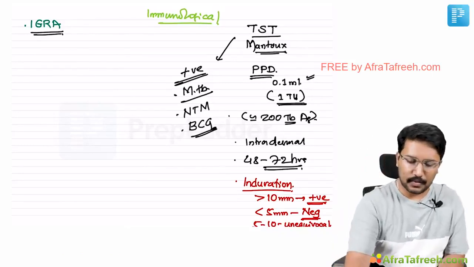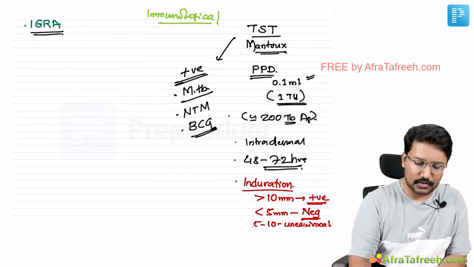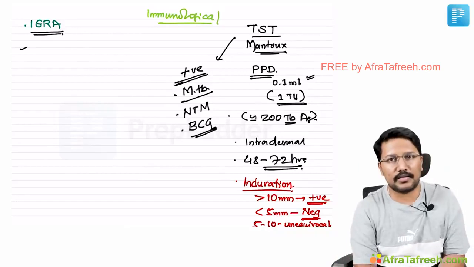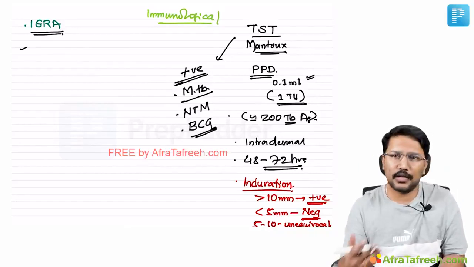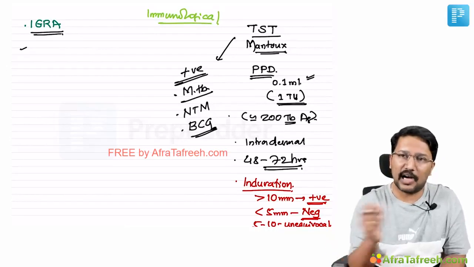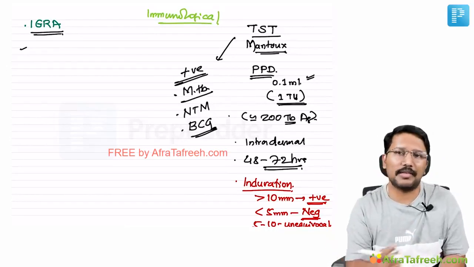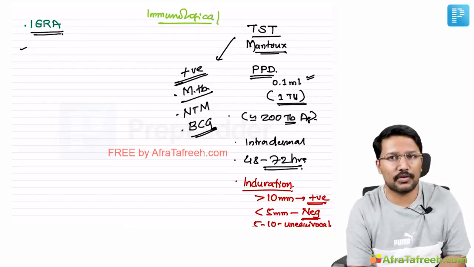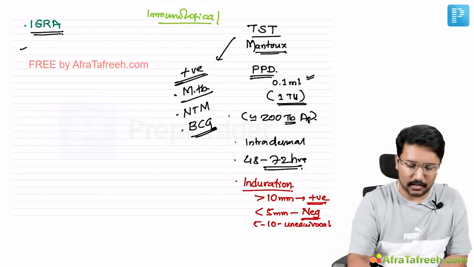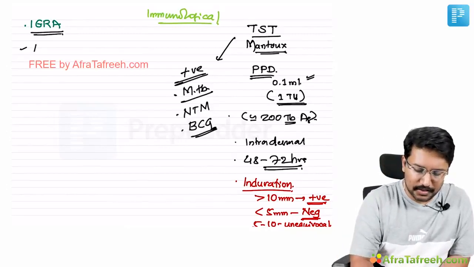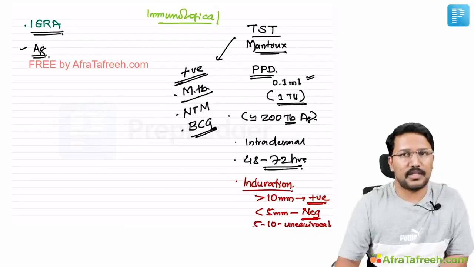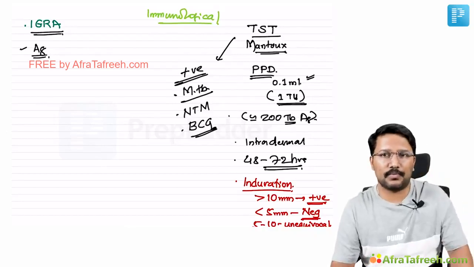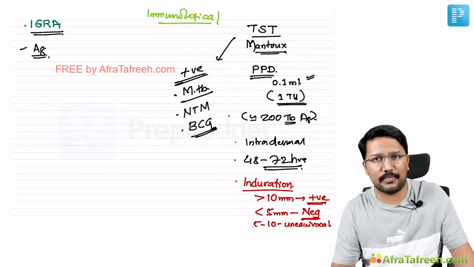Okay. Now talking about the other immunological test, that is our interferon gamma release assay. This is also a test which is trying to identify the interferon gamma release upon exposure to tubercular antigen if the patient was already exposed to tubercle bacilli. But here the tubercular antigen we are using is relatively specific to tuberculosis, the MTB complex, I can say, right?